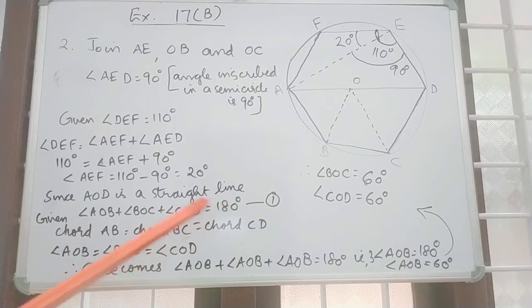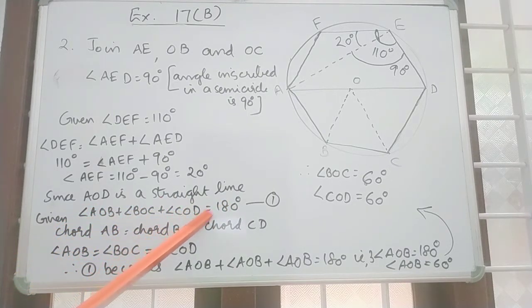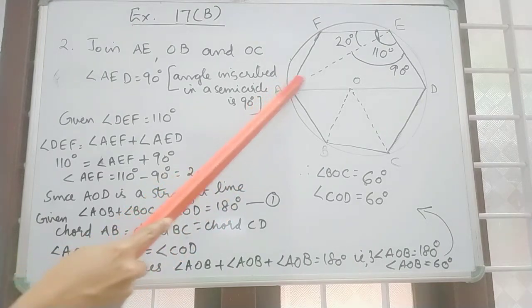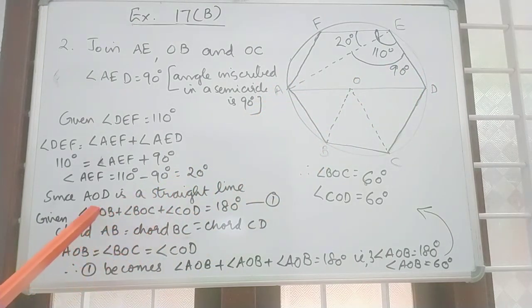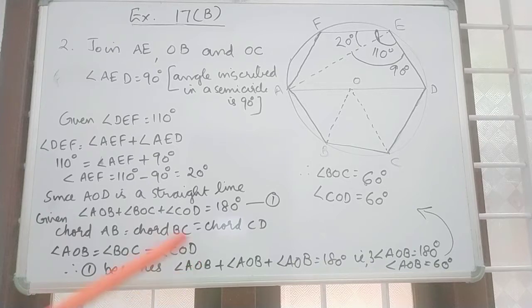So we have equation number 1 as angle AOB plus angle BOC plus angle COD is equal to 180 degrees since it is a straight line. We can write BOC as AOB and COD also as AOB, since all are equal.